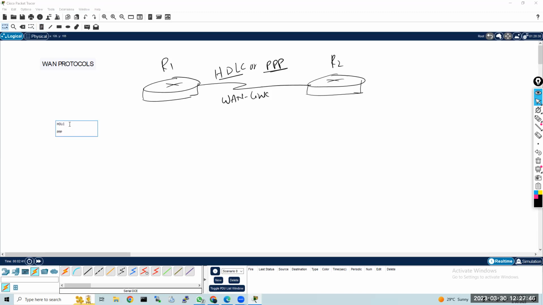So let me write it down this way. HDLC: the long form of HDLC is higher level data link control protocol. The second is it is the default on serial links.